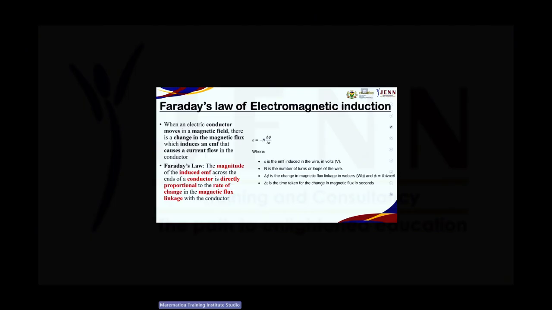So what Faraday did is he took a current carrying conductor, and he was busy with magnets as well, and there was a compass close to the current carrying conductor. He saw that as soon as he brought the current carrying conductor close to the compass, the compass needle deflected.